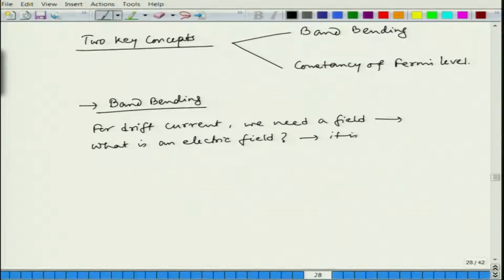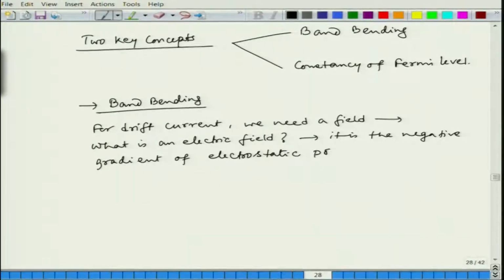It is the negative gradient of electrostatic potential, right. So, that is the definition of electric field.